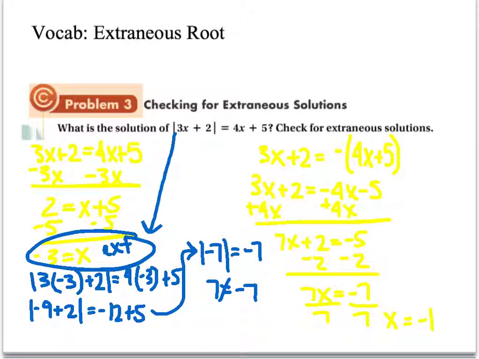And then we need to go ahead and do the same thing and plug in -1. So we have the absolute value of 3 times -1 plus 2 equals 4 times -1 plus 5.